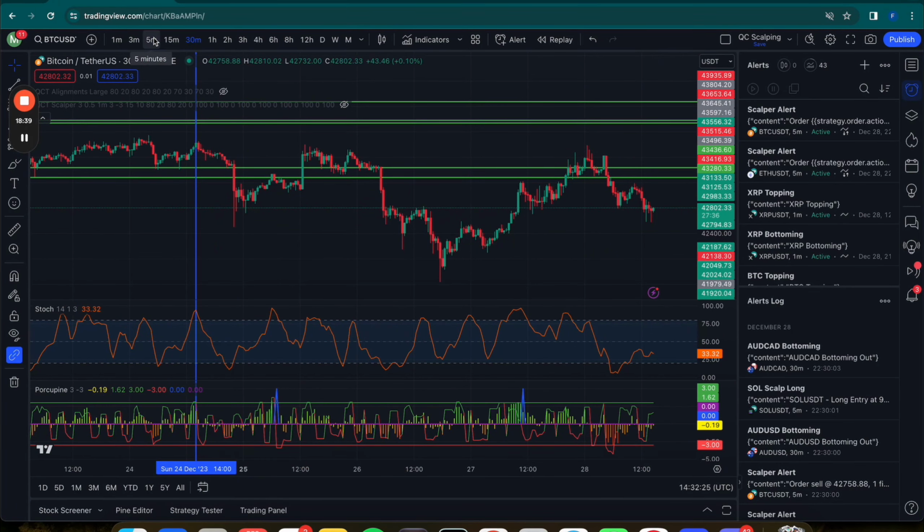And as you look a little bit closer, you will see that whenever we hit these thresholds, it means that all the time frames are either topped or bottomed out. So now we don't have to go through every single one of those time frames. We have it within one indicator.